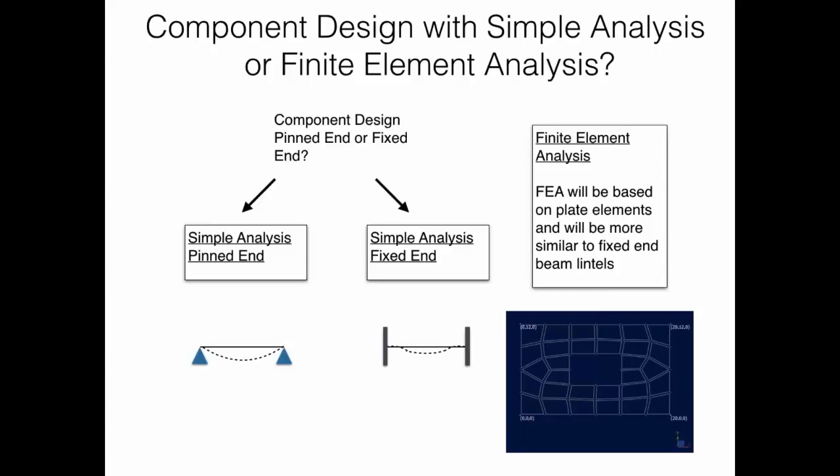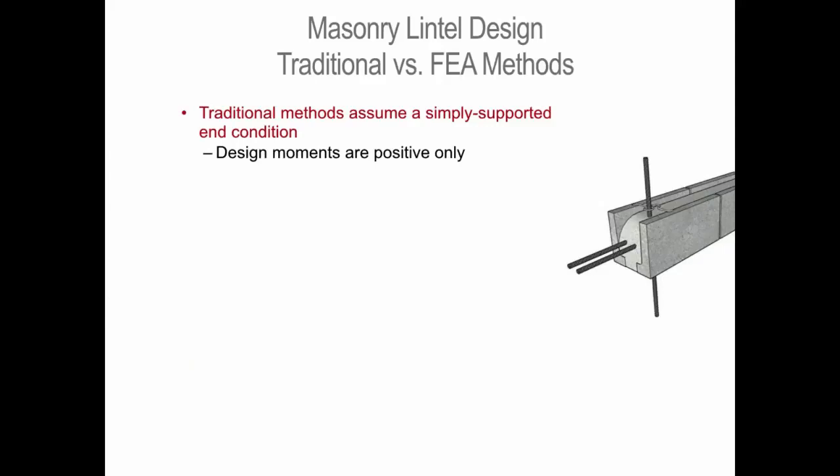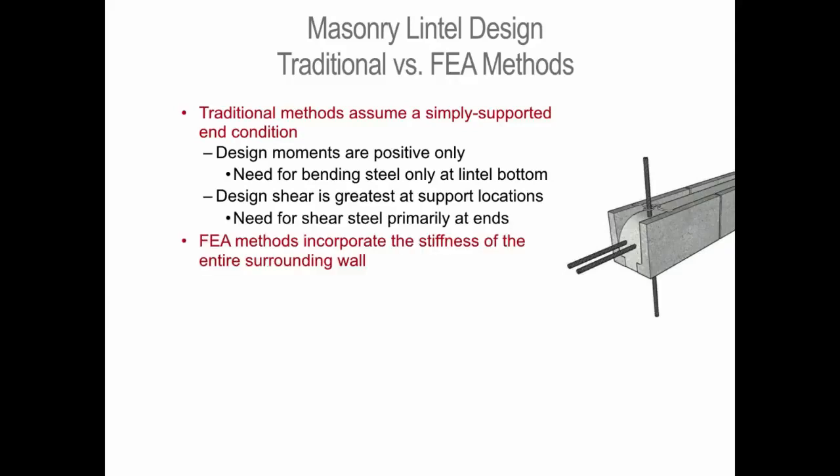Without finite element analysis, engineers of masonry design for so long, that's what they were left with, those first two options. And it's not really a great opportunity to be efficient with your designs. It's when we get into the finite element analysis that we can really do some stuff. So traditional methods really look at simply supported end conditions, design moments only positive, shears greatest at the supports, need for shear steel primarily at the ends.